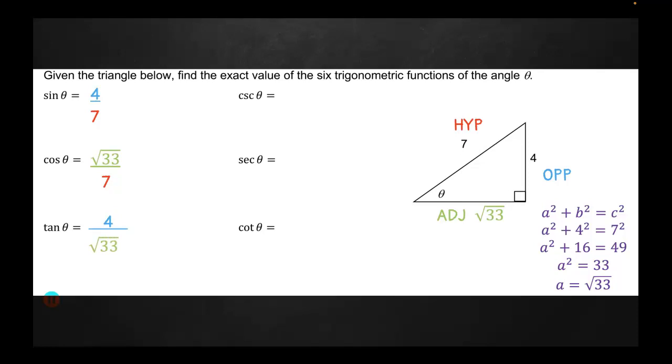Now that I've used SOH CAH TOA, I can say I have my 3 other functions, which were cosecant, secant, and cotangent. These were the reciprocals, so I'm going to take the 3 ratios that I wrote and just flip my fractions around: 7 over 4, 7 over the square root of 33, and then the square root of 33 over 4.